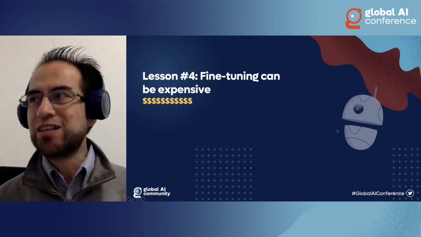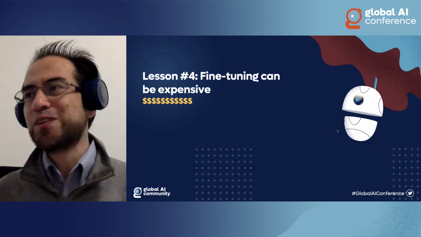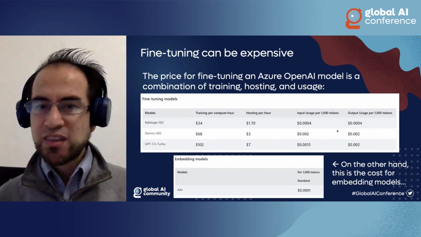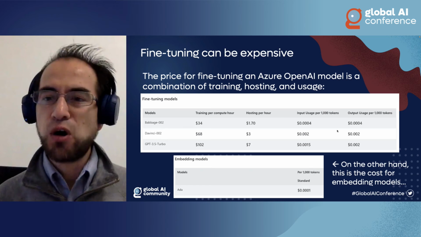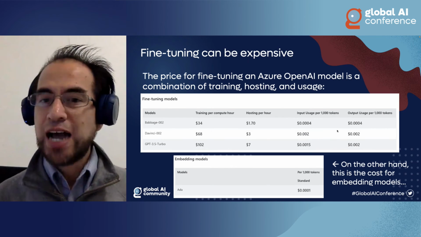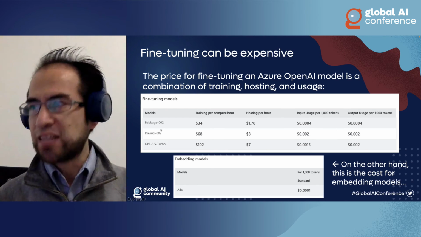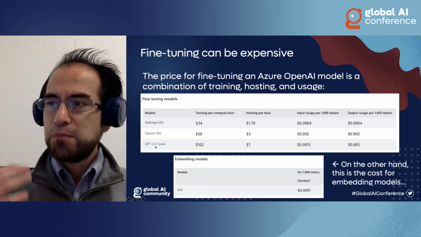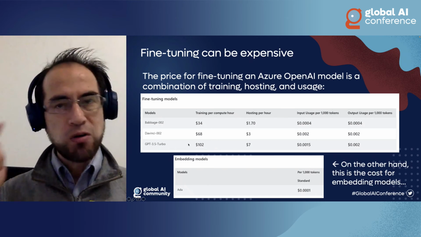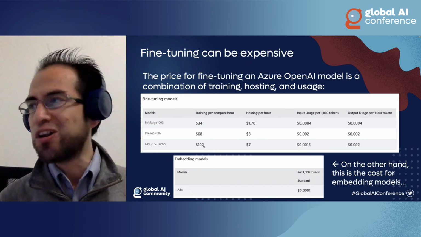And the fourth and last one is that fine-tuning can be expensive. Unfortunately, the reason for the high cost of hosting a fine-tuned model is the complexity of the model and the resources required to run it. You can do the math, but here you can see that training one GPT-3.5 Turbo model for 1 hour costs you $102.